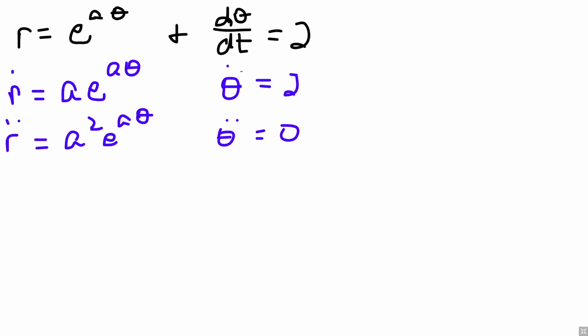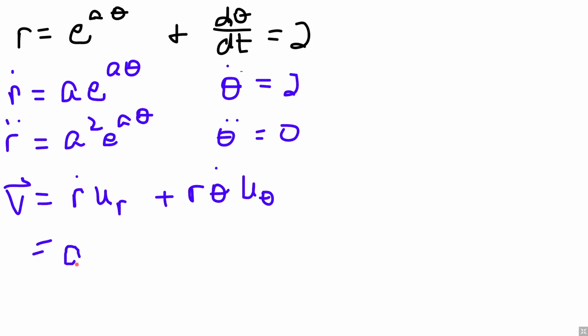Okay, so let me grab my notes real quick. All right, so if we take a look at this for vector v, we're going to have r dot times u_r plus r theta dot times u_theta.